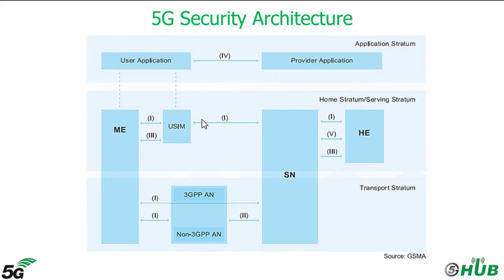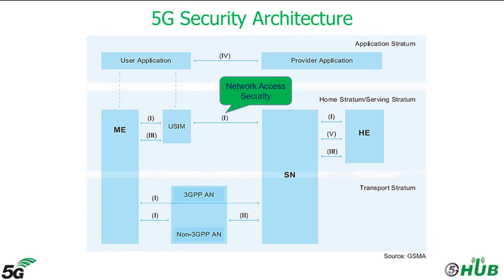Now we need to understand what the network access security domains are: I, II, III, IV, and so on. For example, let's start with I, or network access security. The set of the security features that enable a user equipment or a mobile equipment to authenticate and access the network securely, including 3GPP access and non-3GPP access, and in particular to protect against attacks on the radio interfaces.